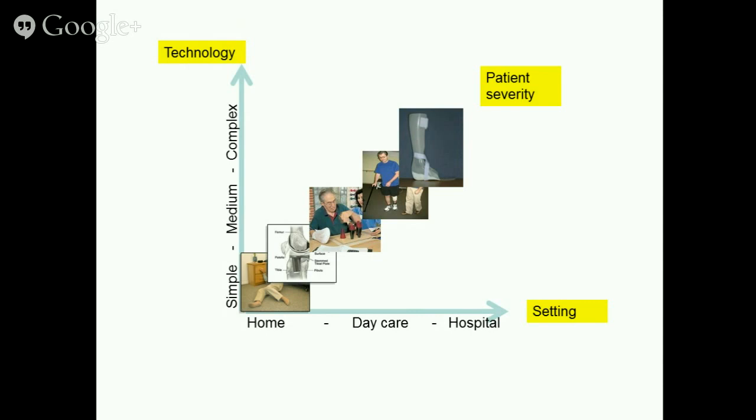So for us, this represented a range of technological challenge. We had a range of settings from home to hospital, and obviously we had a range of patient severity. So the fallers fell, but they had not fractured, they didn't have any physical injury, all the way through to the stroke patients who obviously had, by the time they were needing an AFO, complex neurological and biomechanical damage.